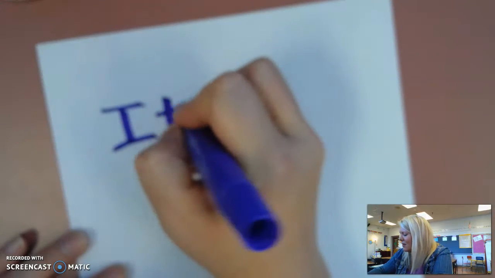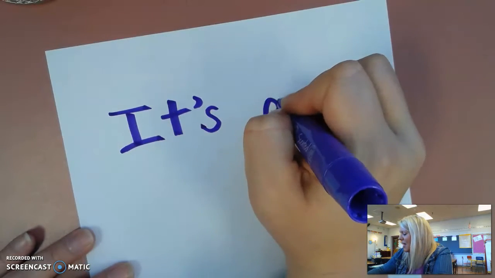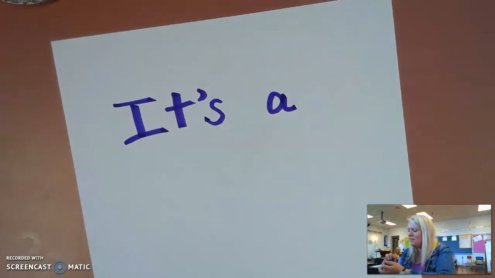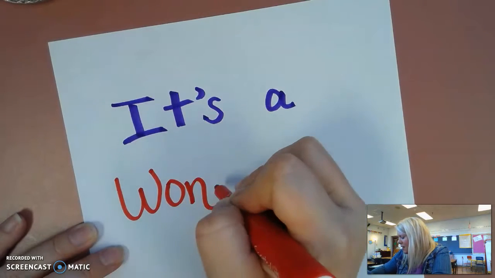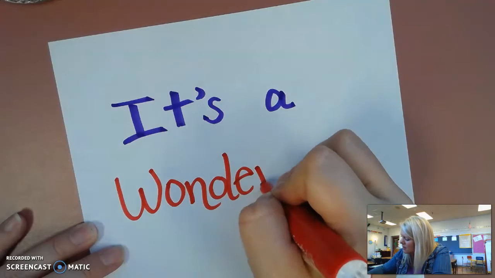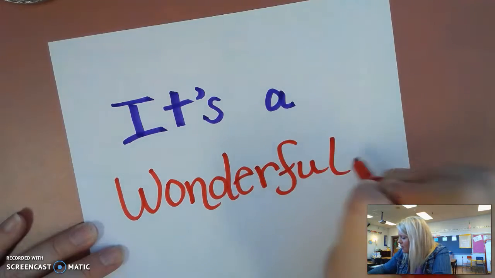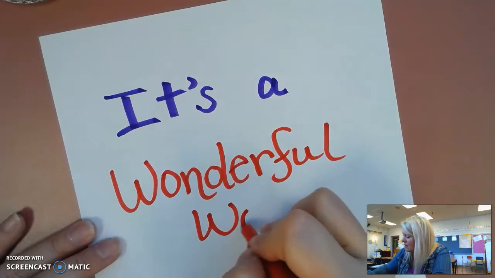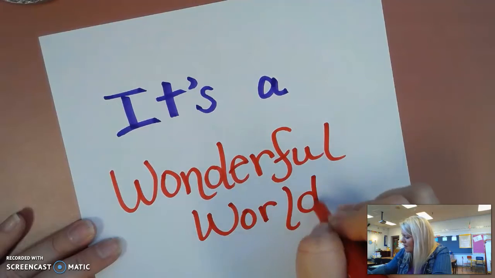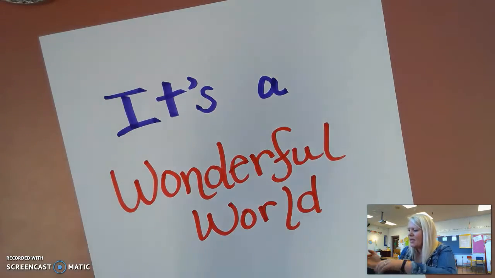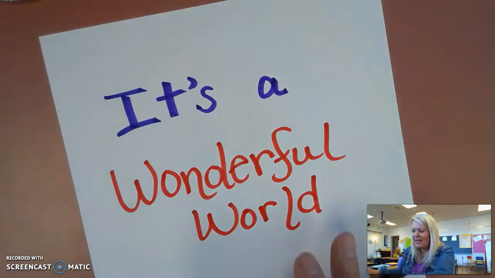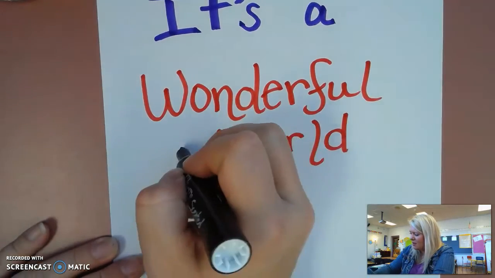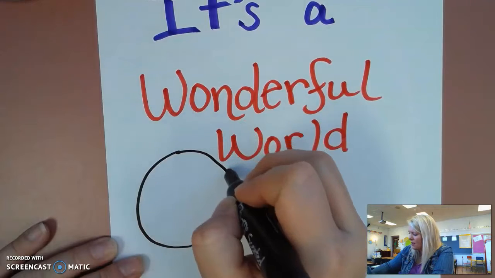So you could do "It's a wonderful world," and then I might do some fancy different colors. I have the thought of maybe even drawing the earth, because when I think about the world, I think about the earth that we live in.